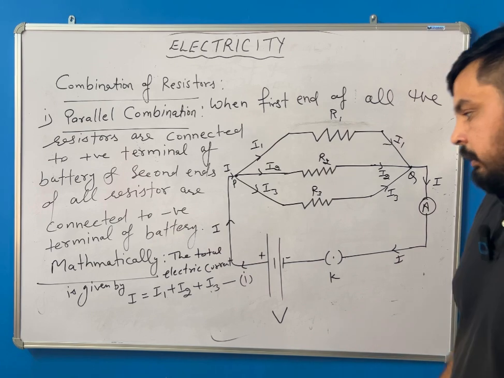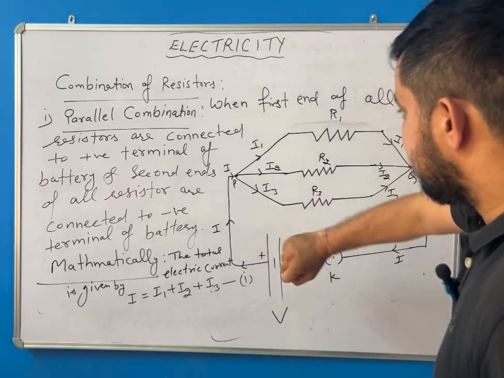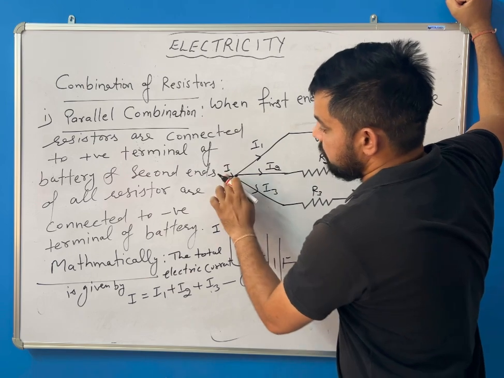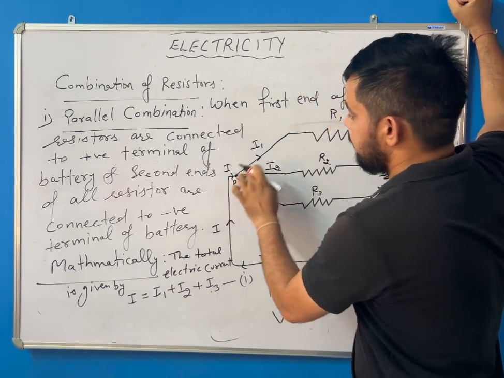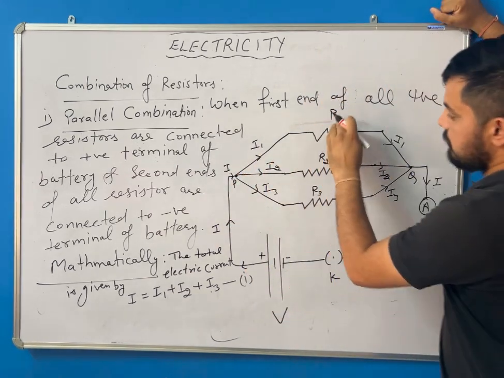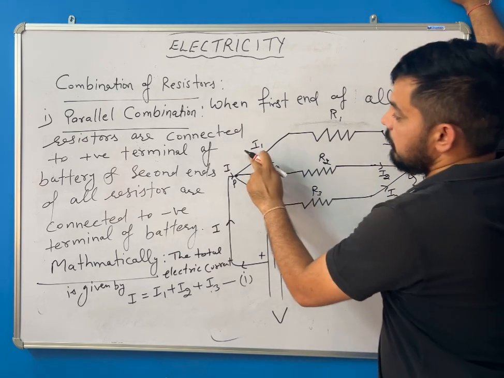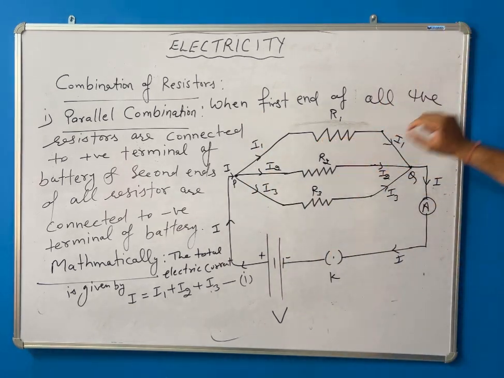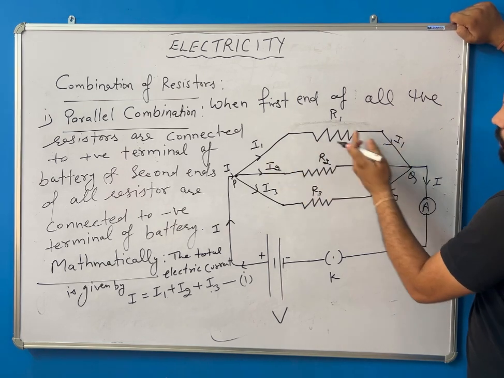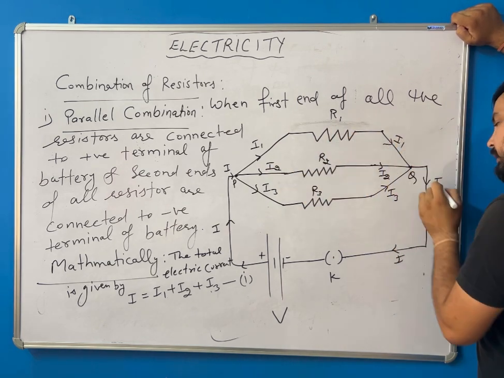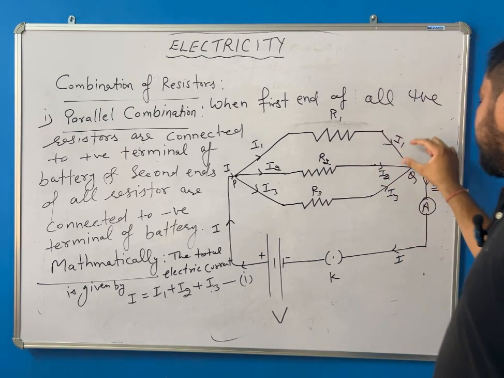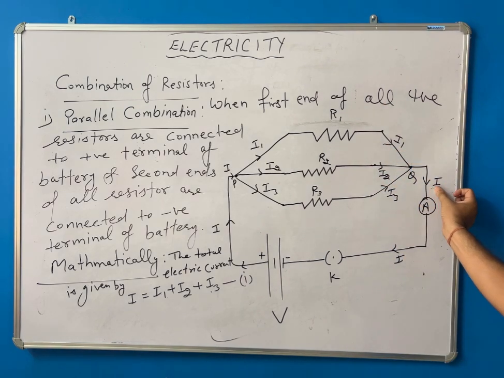The total current flowing through this electric circuit is equal to I, and this I will be divided through the resistors R1, R2 and R3 into I1, I2 and I3. When the electric current leaves the resistors, it is also equal to I. That is, the sum of I1, I2, I3 is always equal to I.